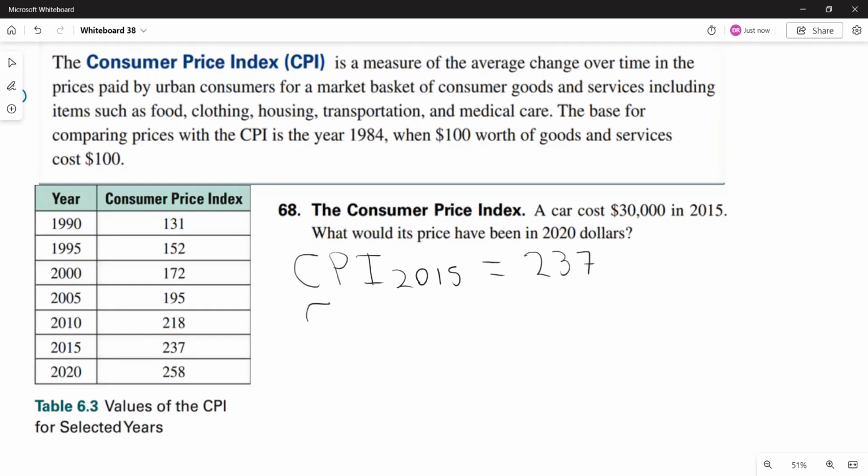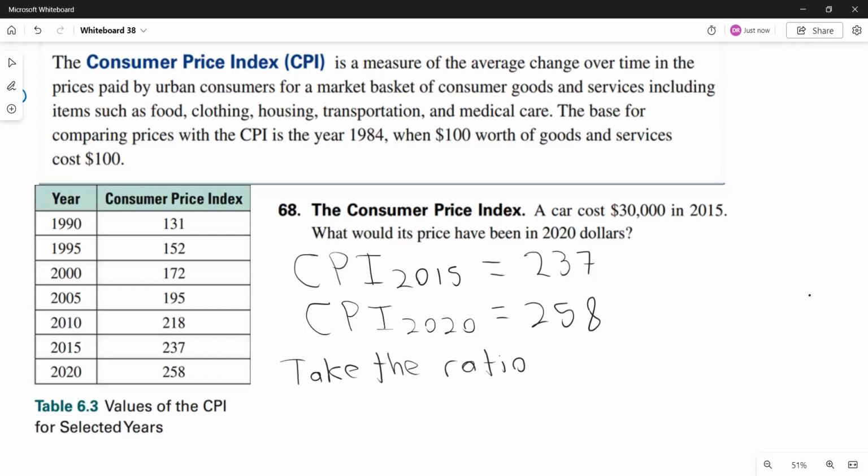And the Consumer Price Index in 2020 was 258. So we're going to take the ratio of the Consumer Price Index in 2020 and the Consumer Price Index in 2015.